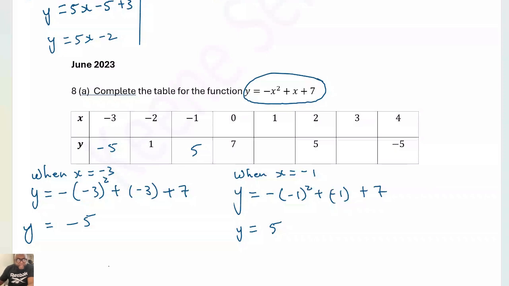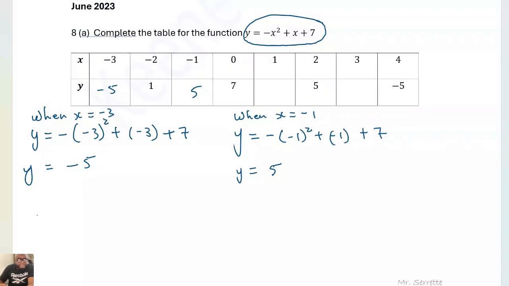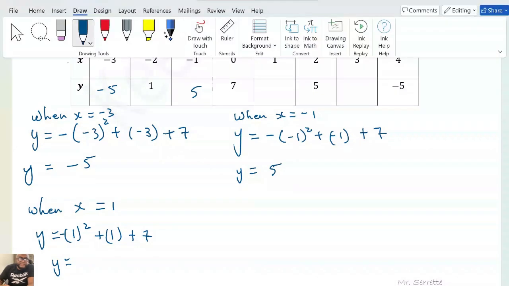When x is equal to 1, y will be equal to negative 1 squared plus 1 plus 7. What will y be equal to? Oh yeah, it's negative in front there. 7 is the answer.